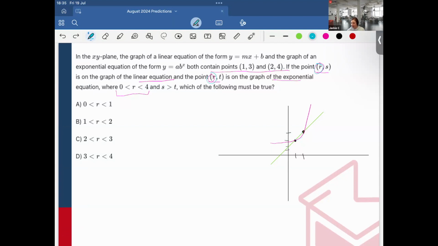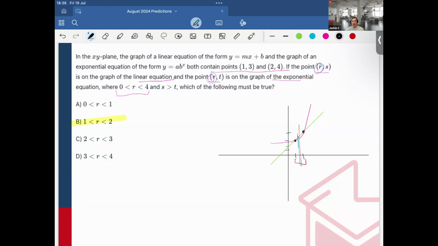I didn't draw that greatly, but it looks something like this. Imagine you have the x coordinate here, it could be here, or perhaps here, etc. It would be a little bit higher or lower depending on the equation of the line or the exponential function, but it's going to fall within this range between 1 and 2. So definitely it's looking like option B.